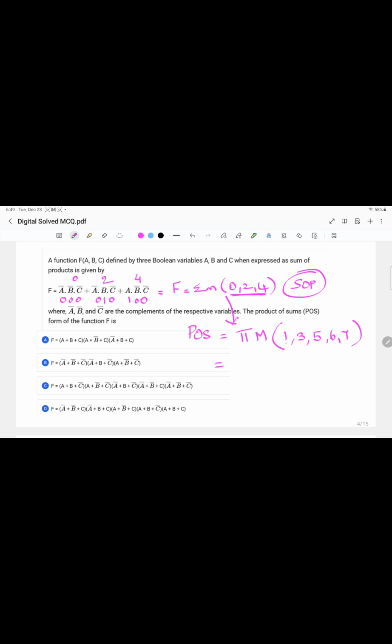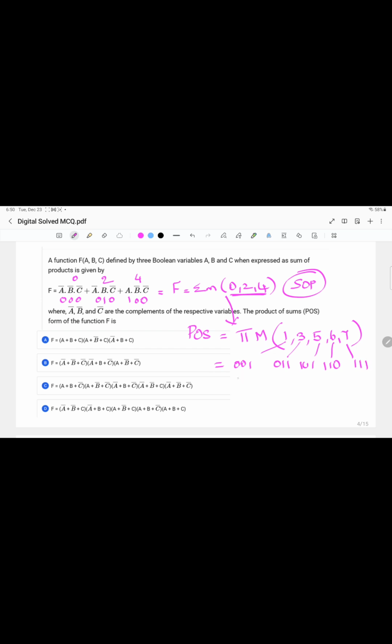So 1 can be written as 0 0 1, 3 can be written as 0 1 1, 5 as 1 0 1, 6 as 1 1 0, and 7 as 1 1 1. How the maxterms are represented, I have shown in the first slide.